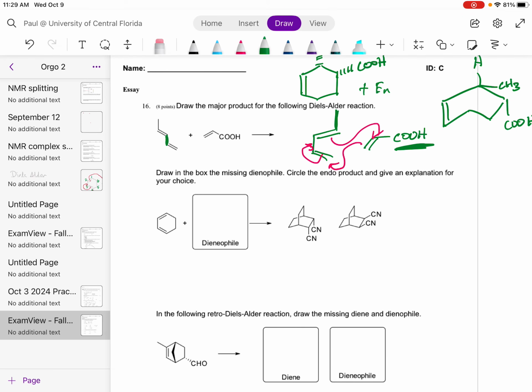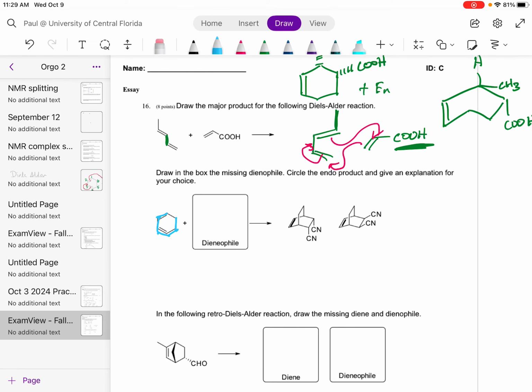Draw in the missing dienophile. So what I see is a 6-membered ring, our diene. And remember that I said on the test that there was a typo. We have to have these double bonds right there. So when we take a look at those, let's just trace our ring here.